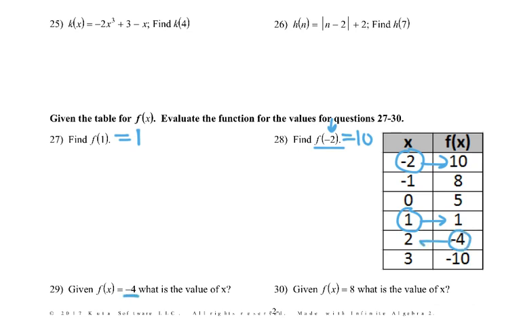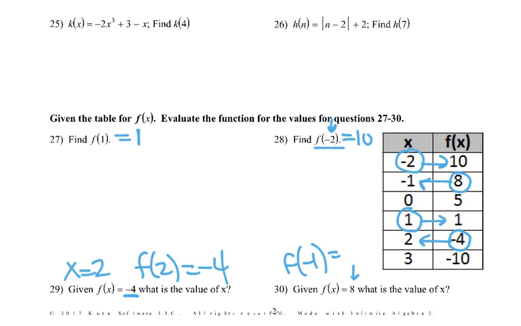Output of negative 4 gives me an input of 2, so x equals 2. In other words, f of 2 equals negative 4. 30 gives me an output of 8, gives me an input of negative 1. So f of negative 1 equals 8. So the x value was negative 1.